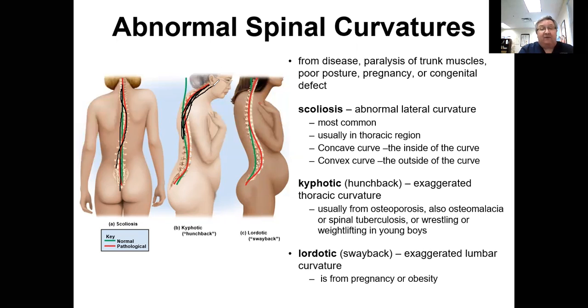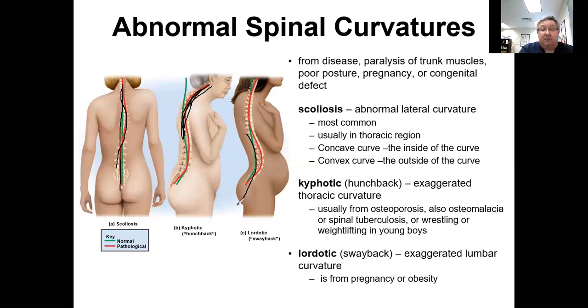What we also have is a lordotic curve. Now, in our backs, we have a normal lordotic curve, but here is a very excessive lordotic curve. A lordotic curve is a curve that occurs inward. A lordotic curve is an inward curve. It usually occurs in the lumbar area. We also have one in the thoracic area.